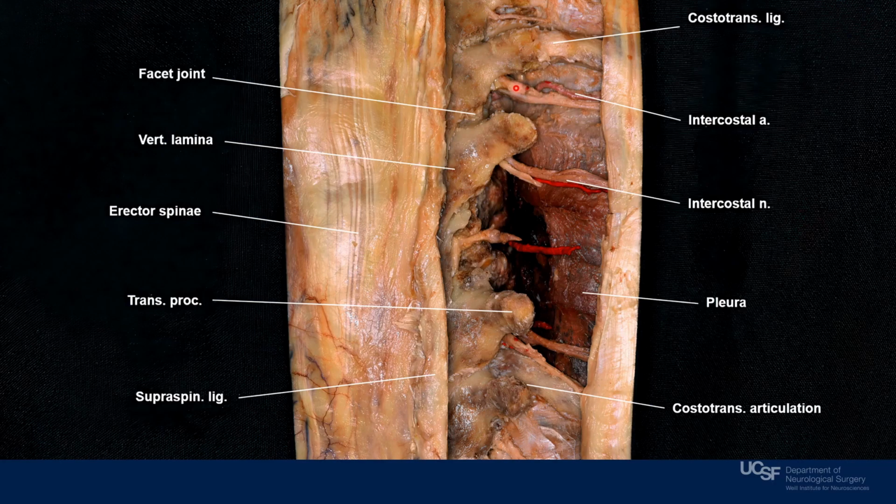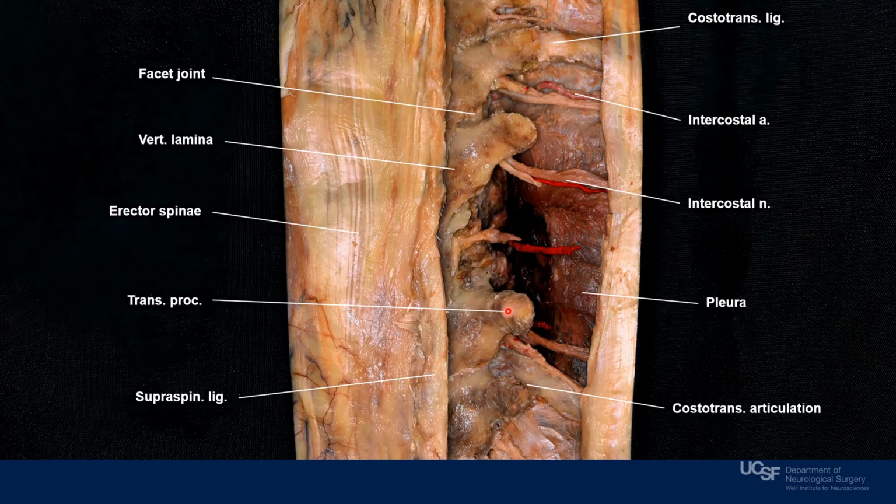We can also see that the intercostal artery travels along with the intercostal nerves that, as we mentioned before, travel over the superior edge of the rib.